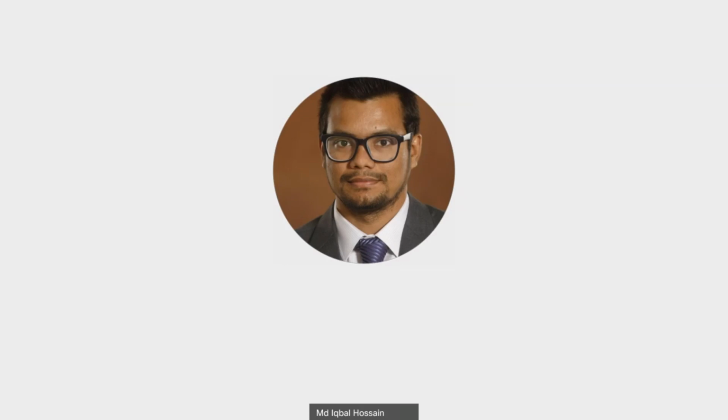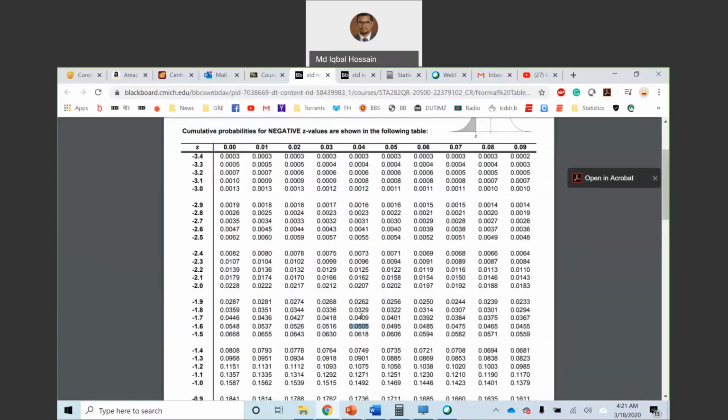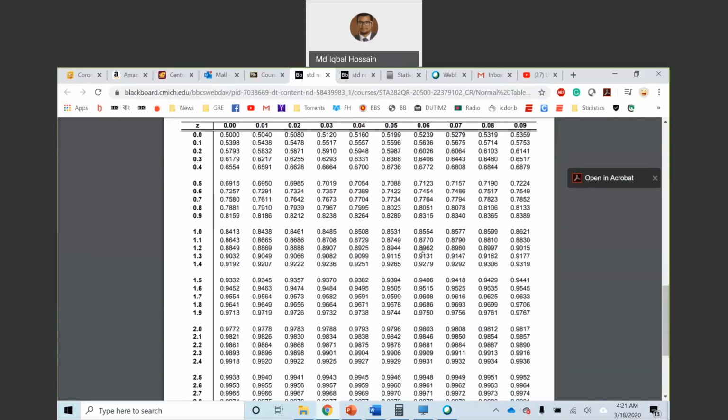Then we will find the x2 value using the z2 value. So let's find the z2 value first, using the area which is 0.95. Go to the screen now. You can see we are finding the area for 0.95.